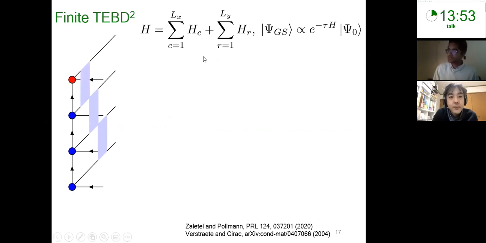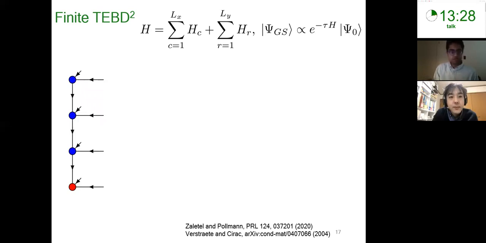So here we're taking the first set of column operators and applying TEBD going downwards. What this does is move the orthogonality center from the top all the way to the bottom, as in standard 1D TEBD, so that after this procedure, we've now moved the orthogonality center to the bottom of that column. And we've applied the first column's worth of imaginary time evolution.